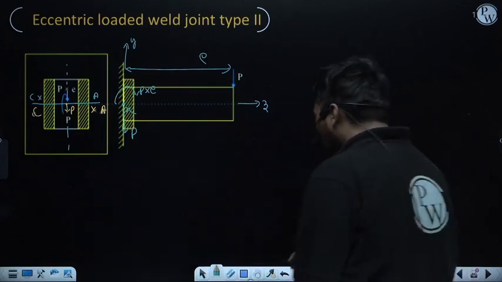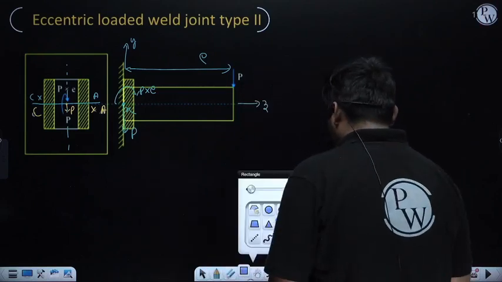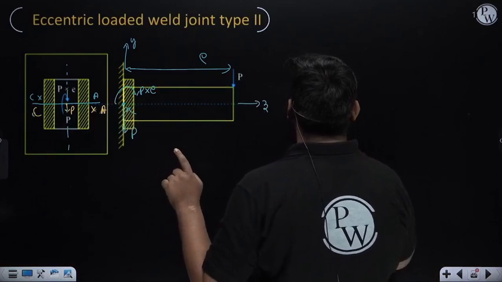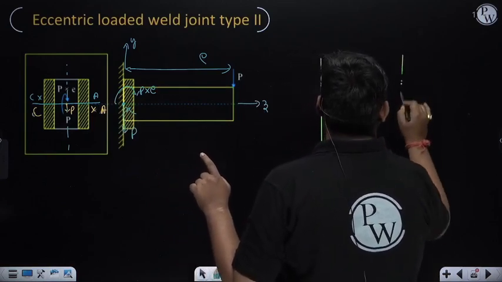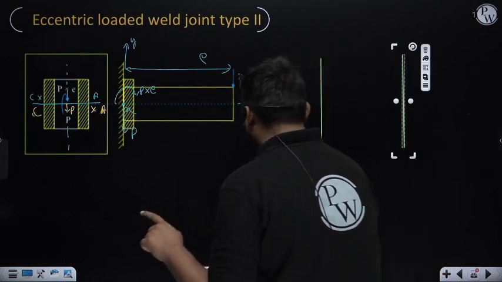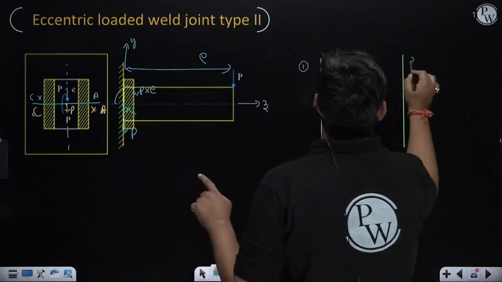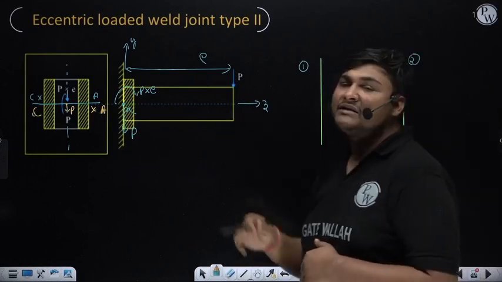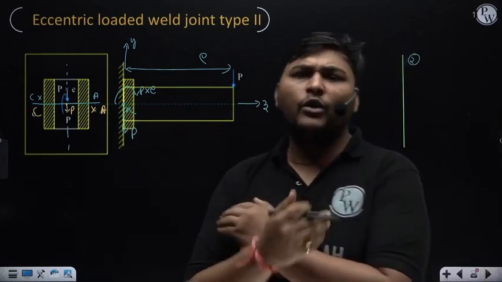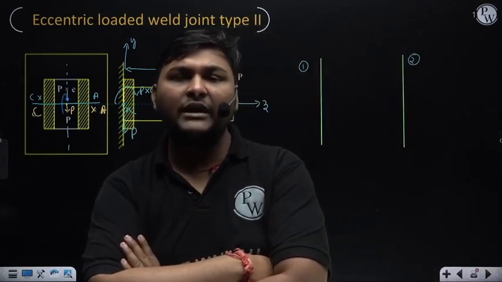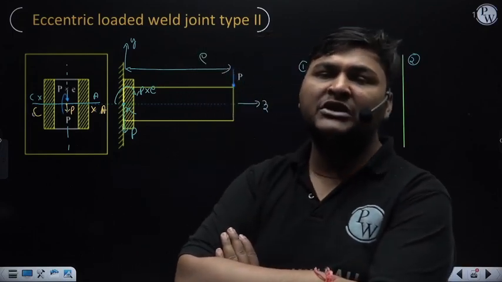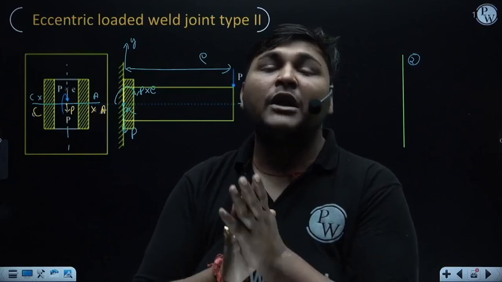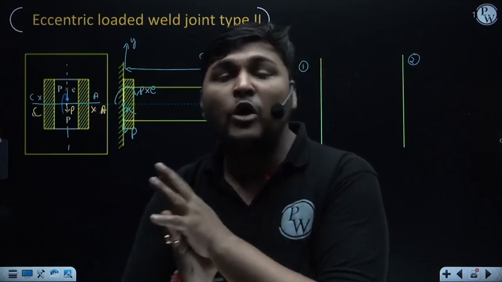Okay, so to calculate stress here, you need to make the side view of this weld first. So this is the side view. Right now the weld is like this, it is weld 1, it is weld 2. In this case you need to locate only the centroidal x-axis of this weld, because here this moment is like a bending moment, and you have already studied in the strength of materials subject that the formula to calculate bending stress due to bending moment is M upon I into y, where I is the moment of inertia about the neutral axis.